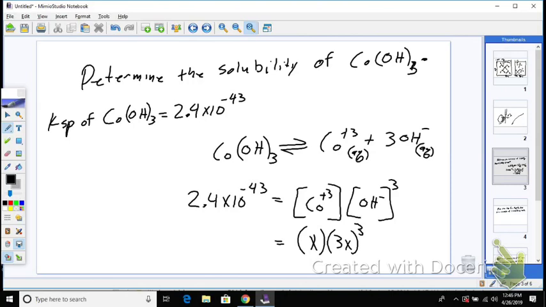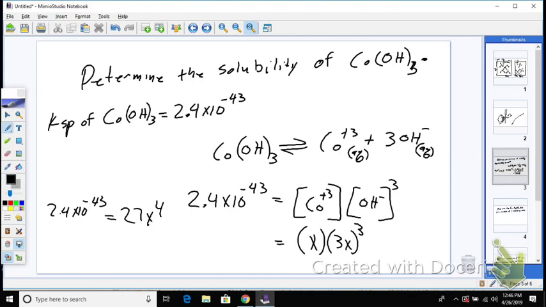So when you figure that out, what is the simplification of this? What would that be? 27x to the fourth. Okay? And then what do you guys do?